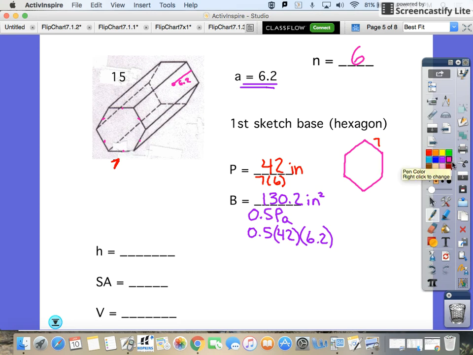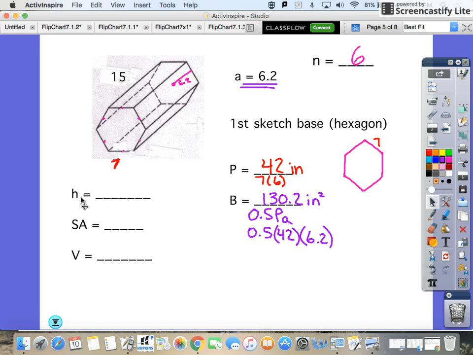All right, the height of the prism for this one, the height is 15, because it is 15 cookies long. And that will be inches, because that's our unit we chose.